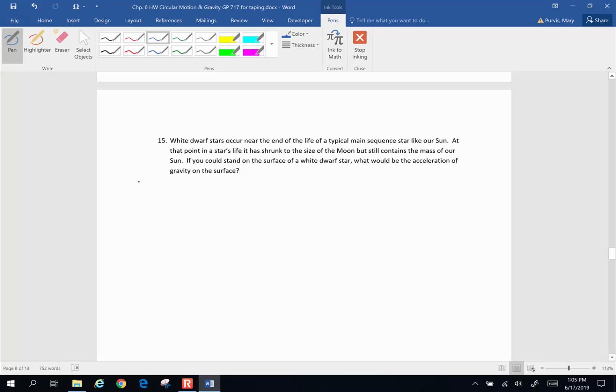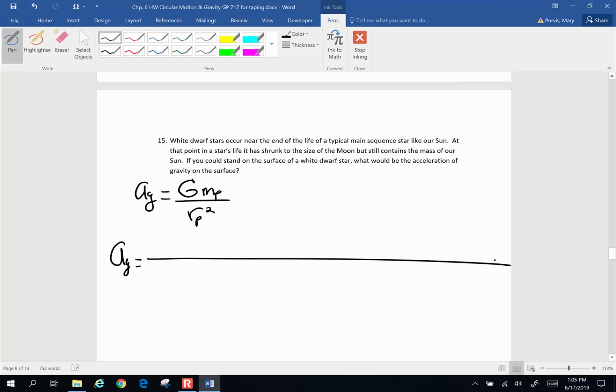So I want to use the same acceleration of gravity equation we have used, where we have G, mass of the planetary body, over radius of the planetary body squared. But we're going to play a little mathematical magic. G is a constant, 6.672 times 10 to the negative 11th Newton meters squared per kilogram squared.